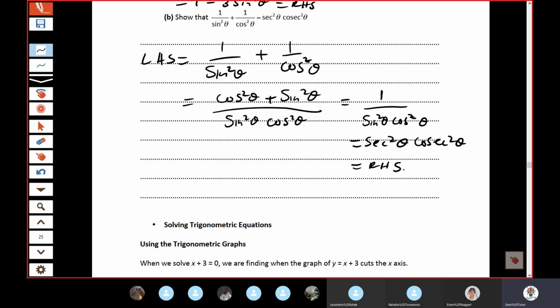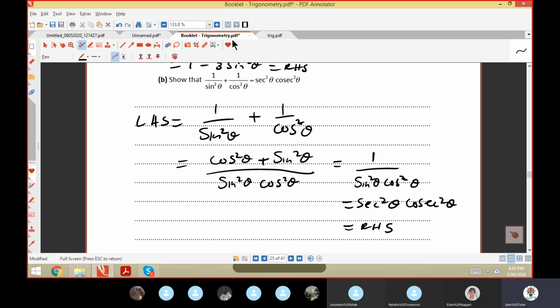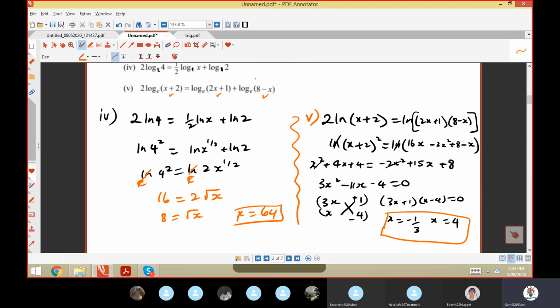Are we happy to move on from trig identities? Like I said, any other concepts you guys want me to go through before we continue with our exams? How much probability? Probably 10 marks. If it's full, 10 marks. No, extension 1.